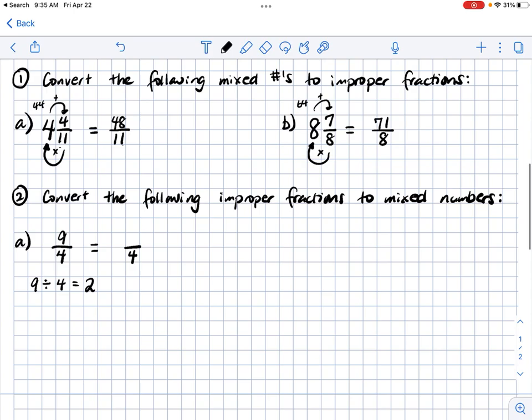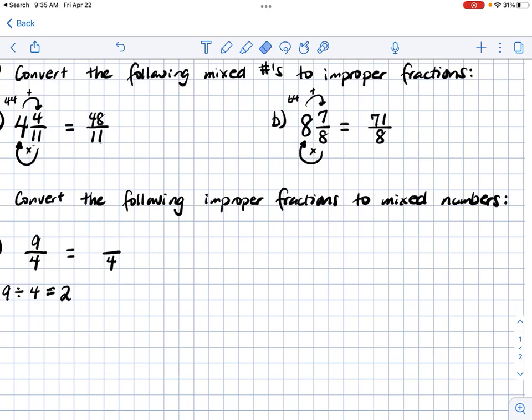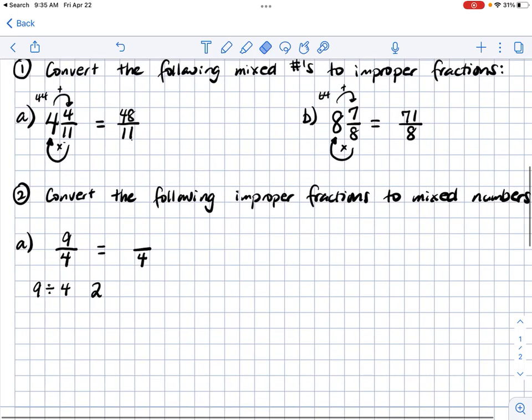Because I know that 2 times 4 is 8, so 9 divided by 4 is approximately 2, because that's the closest I can get without going over. And I think, okay, so what's the remainder? Well, I know that I'm left with 1/4 because I'm only that much away from 9. So I know that the equivalent mixed number is going to be 2 and 1/4.